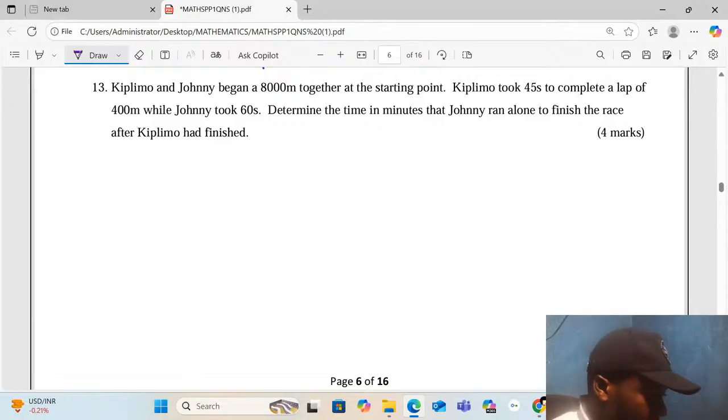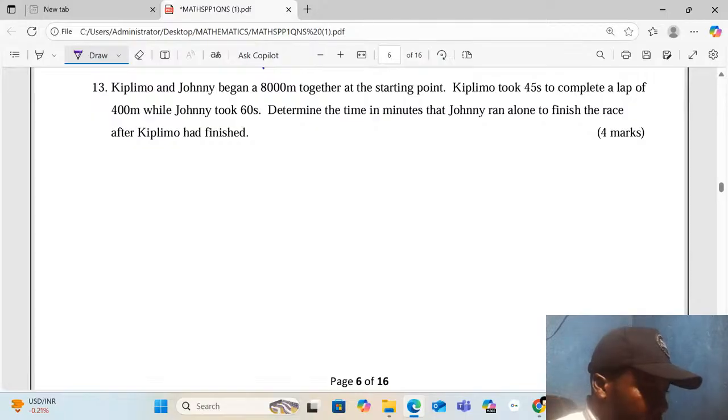So let us tackle this question, whereby we have Kiplimo and Johnny, who began a race of 8,000 meters at the starting point. Of course, they started together. Kiplimo took 45 seconds to complete a lap of 400 meters, while Johnny took 60 seconds. So you can see Kiplimo is somehow faster than Johnny.